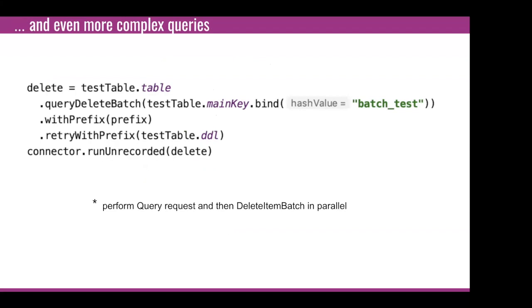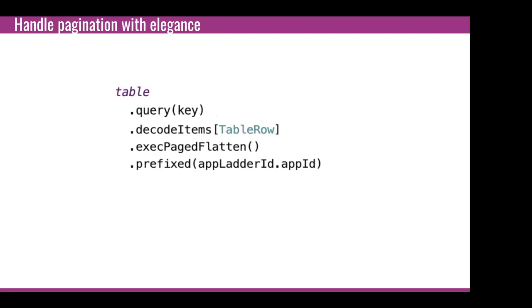So we simplify this and create a specific query that performs a query request and then performs delete item batch in parallel. Again, you could handle pagination with elegance using D4C.